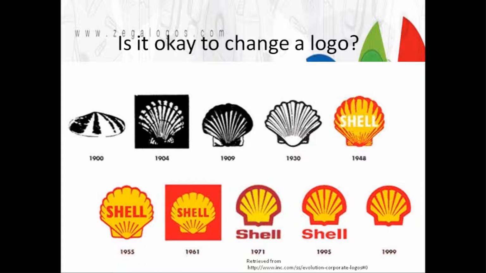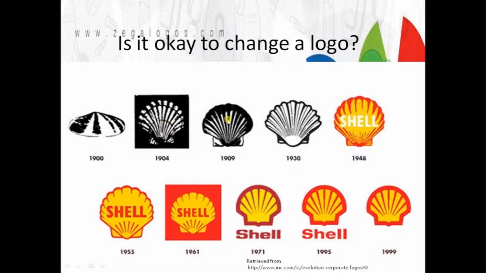In 1900, the Shell logo was created. It's a shell lying on the ground, the beach. Use your imagination. And then they move on to the next one, where the shell is totally different. The black background and a lighter shell.